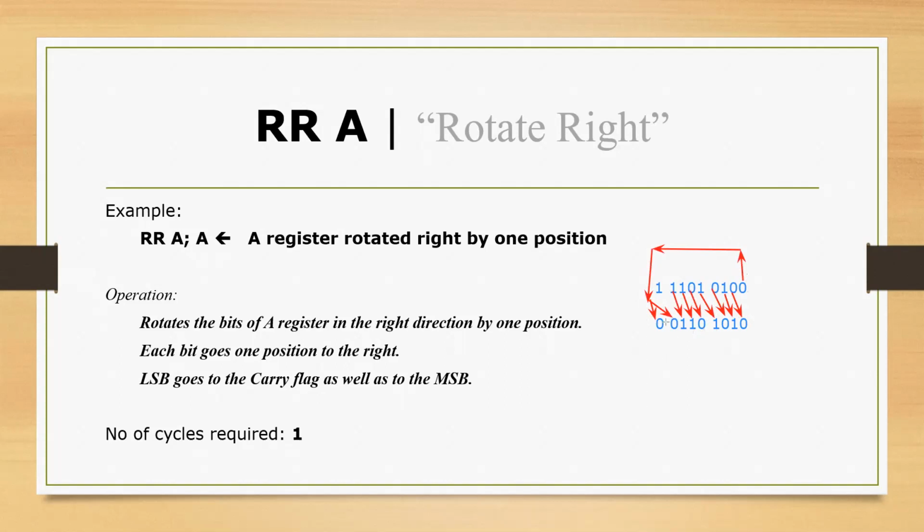So this is rotate right. Rotate right means it rotates the bits of the A register in the right direction by one position, and each bit goes one position to the right. LSB bit goes to the carry flag as well as to MSB. So this completes one cycle.